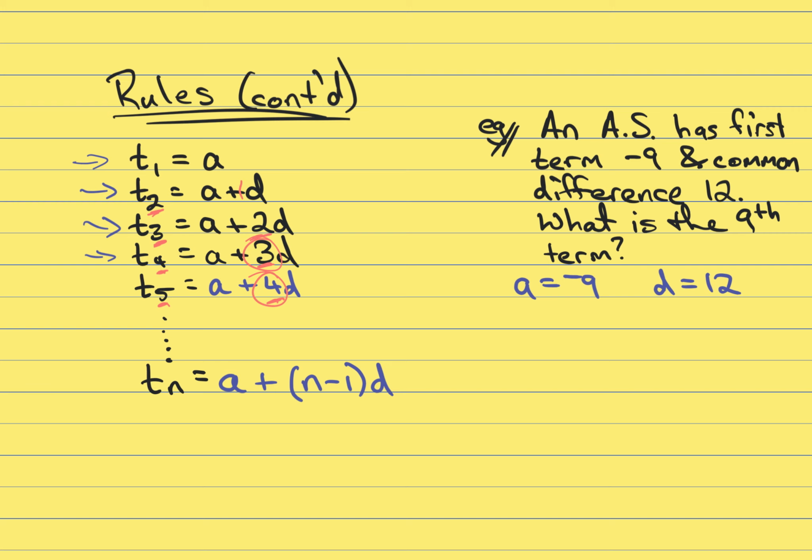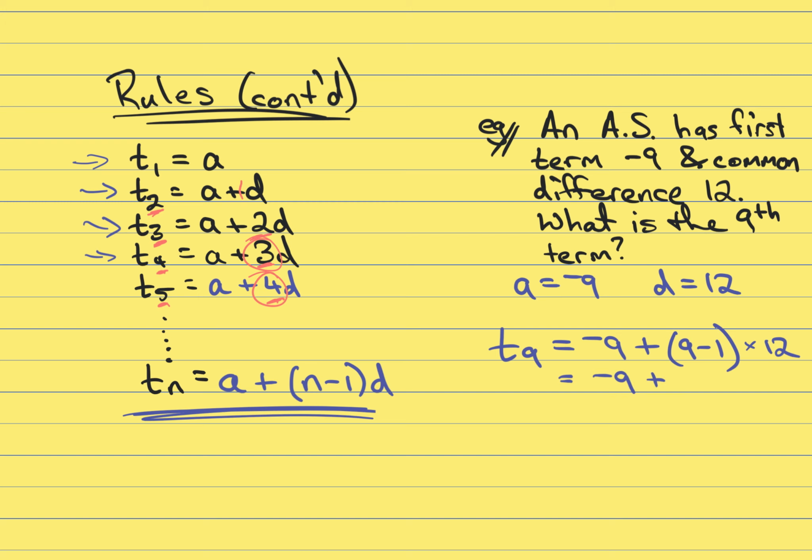But just to show how to use the formula over here, we're looking for the ninth term, so T9 is going to be equal to A, which is minus 9, plus (9 minus 1) times D, which is 12. Okay, so that's minus 9 plus 8 times 12, minus 9, whoops, not multiply, plus 96 is going to be 87. Okay, so our ninth term is 87.